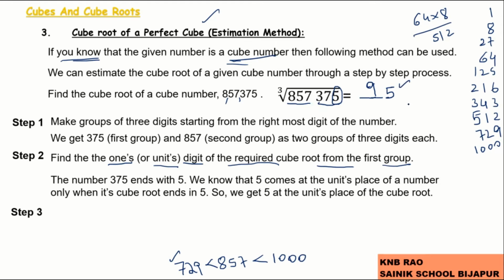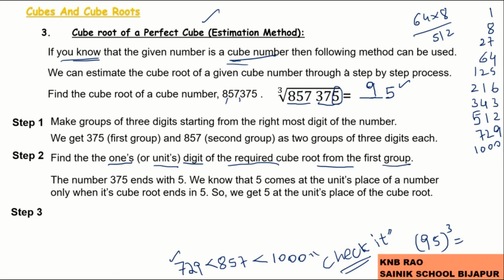So 95 is the right answer, and this answer you need to compulsorily check. Okay, so always check it. This is very important, whether you get the same 8,57,375 when 95 is cubed or not.